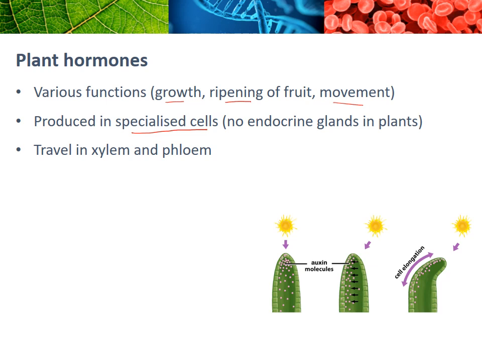Obviously, plants don't have a bloodstream, so the hormones can't travel in the blood, but they travel in the xylem and the phloem, which you may remember from year 11 when we looked at plant systems. But these are basically just the kind of vascular system of plants. So in the same way that water will travel through a plant or nutrients will travel through a plant, the plant hormones will travel through as well.